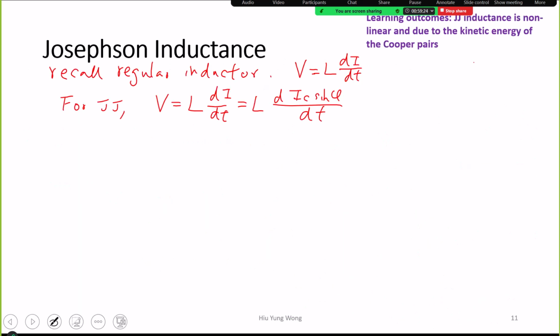With this, of course, I can take this out. This is equal to IC cosine phi d phi/dt.